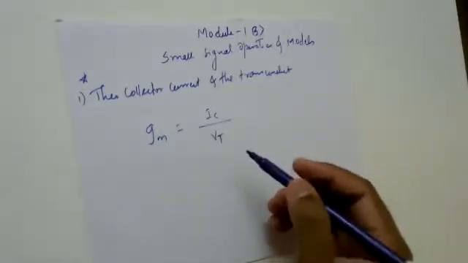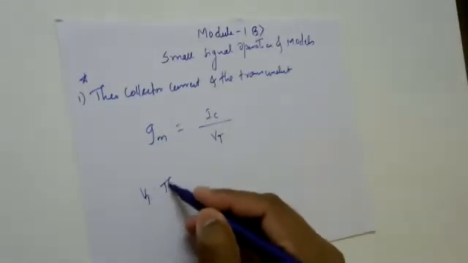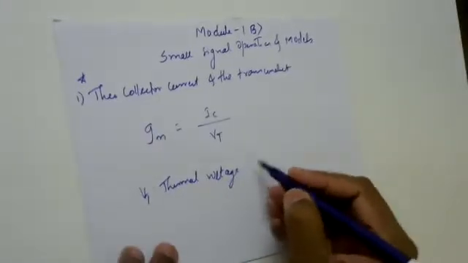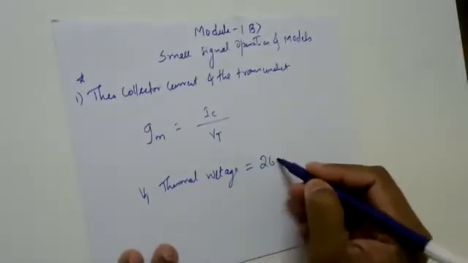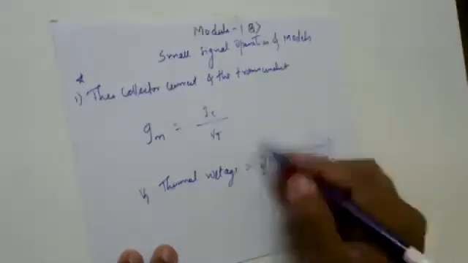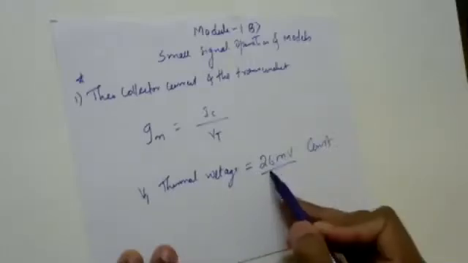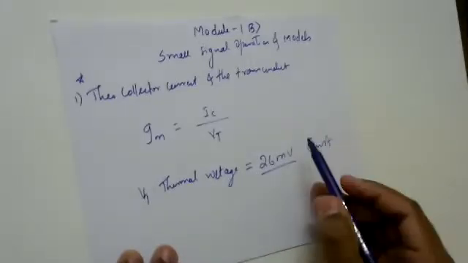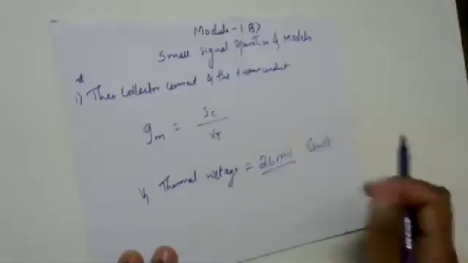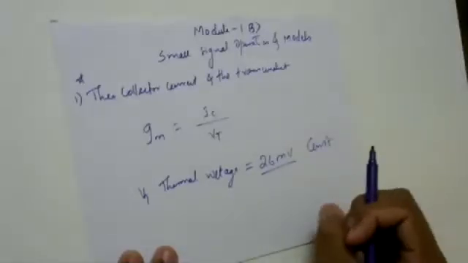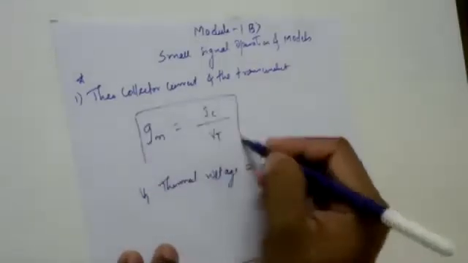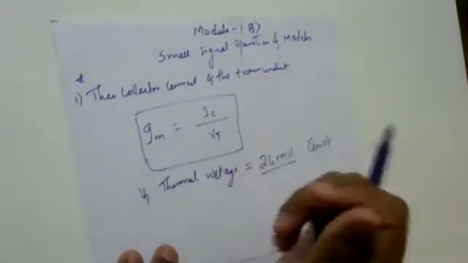VT is the thermal voltage. Unless specified, we will take this value as 26 millivolts. This is a constant, so you should remember the VT value is taken as 26 millivolts whenever you are solving numericals, unless specified in the numerical.